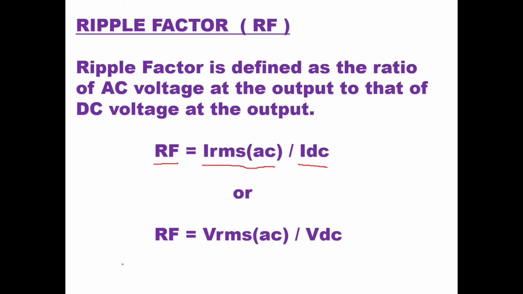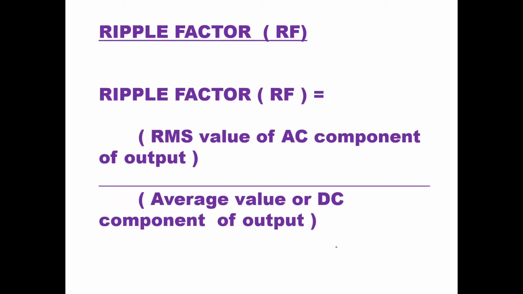Similarly, in terms of voltage, ripple factor is equal to V_RMS, that is V_AC, the AC quantity of voltage, upon the DC quantity of voltage. The ratio of AC voltage at the output to DC voltage at the output is called ripple factor. So basically it is the AC component present in the pulsating DC output of the rectifier.